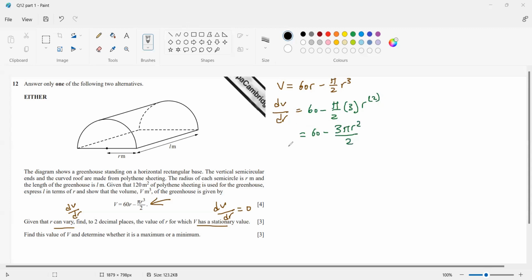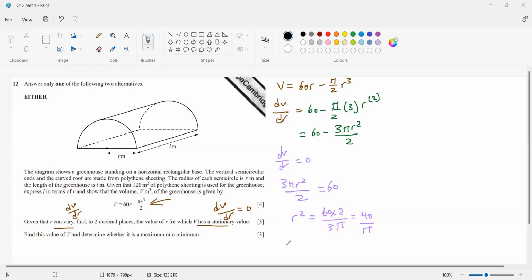Let's put dV/dr equals 0. We solve this by making these two equal: 3 pi r squared over 2 equals 60. So r squared equals 60 times 2, 120, then divided by pi. Please take note. So it's just 40 over pi. Then we take the square root of that.